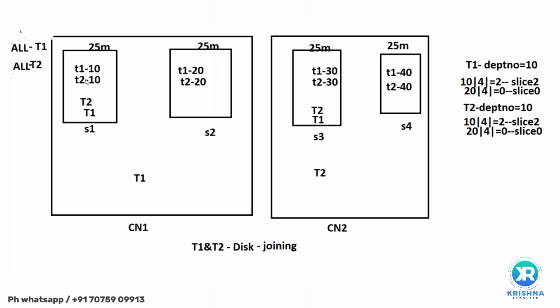For example, I'll tell you another. T1 is ALL distribution style, right? T1 is present in slice one of node one. Similarly, T1 is present in the first slice of node two. Like that, even if you have 100 nodes, it is present in the first slice of each node. If you give select star from T1, do you think that it will go to all the 100 nodes and get the T1 data from the first slice?